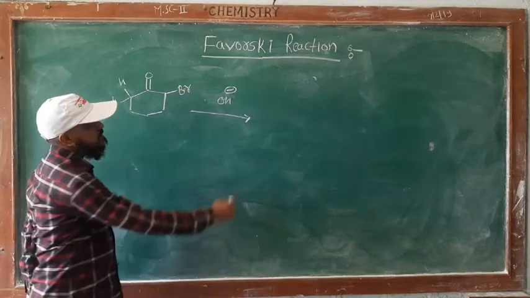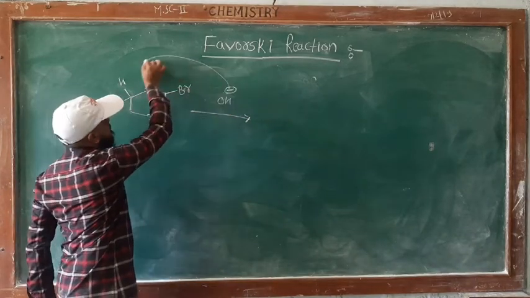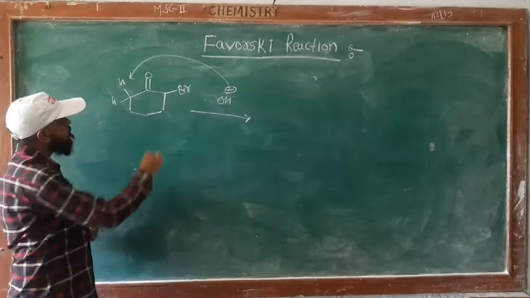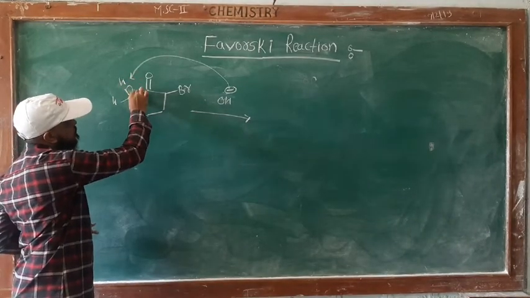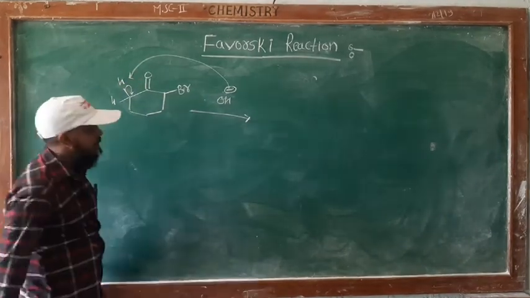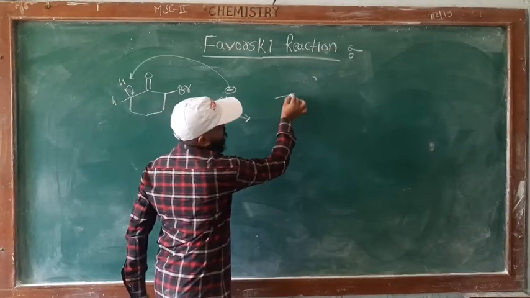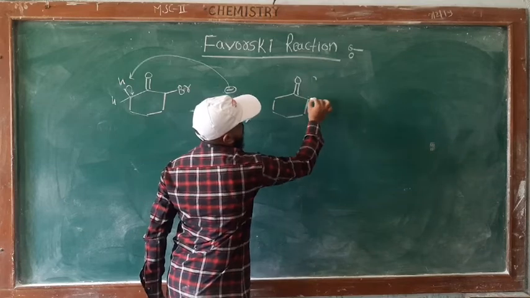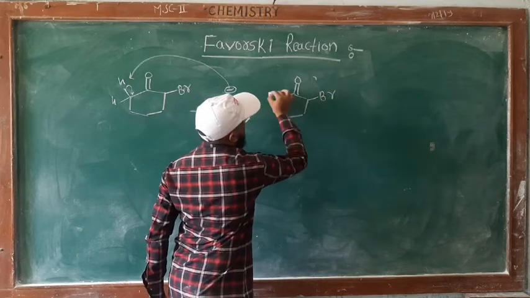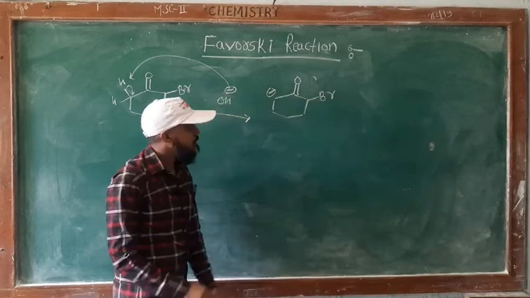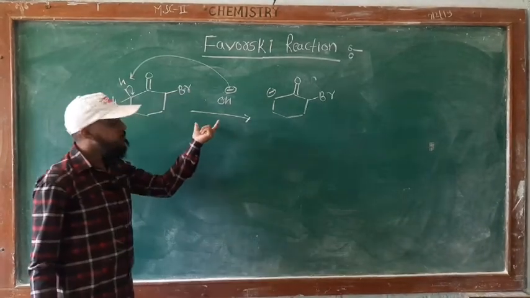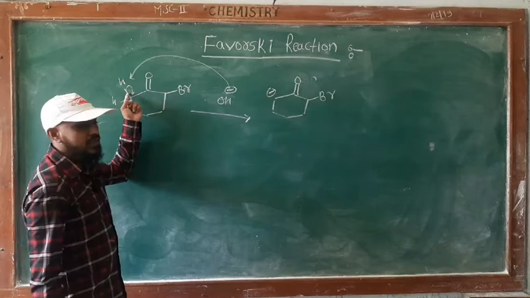Firstly this hydroxyl ion extracts the acidic proton from this alpha haloketone, due to which this bond shifts toward the carbon atom and we get this type of intermediate product. Here a negative charge is developed. After this, simple deprotonation takes place, one proton is released.